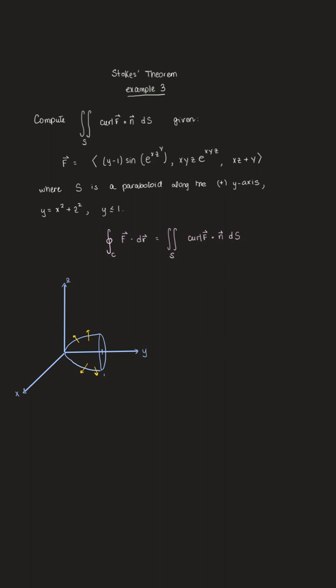And the way that we're going to orient this is we're going to think, if I walk along the rim, our boundary curve, with my head pointing up, out along the normals, then I want my region to be on my left. So we might orient it this way, right? So that if I'm walking along this way, my surface is on my left.